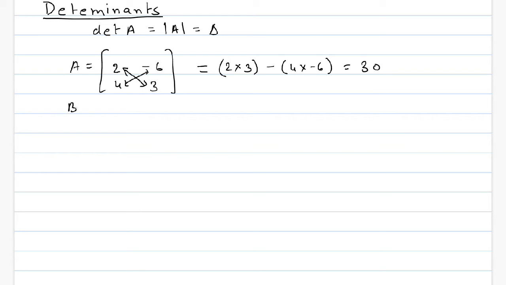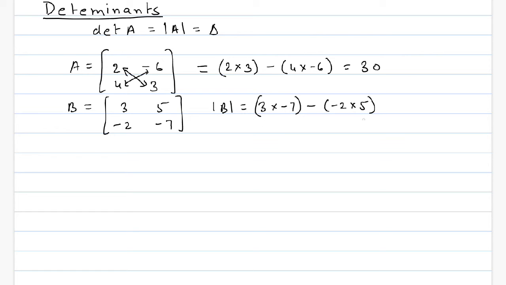Let's take another example, B. If we have 3, 5, -2 and -7. Now see, we can only have a determinant of a square matrix. So the determinant of B will be equal to, we'll say 3 into -7, first diagonal, minus of -2 into 5.